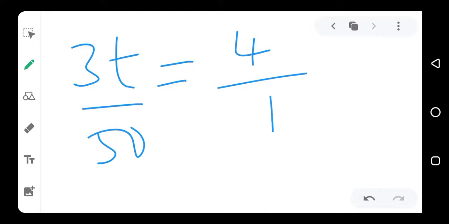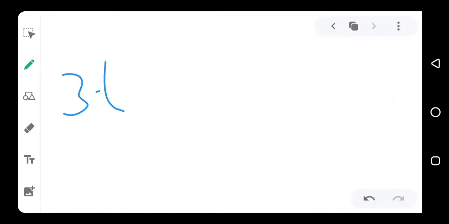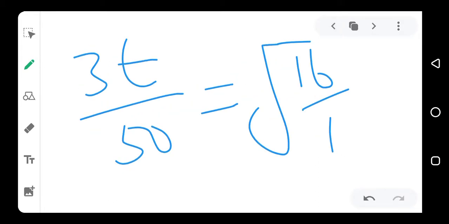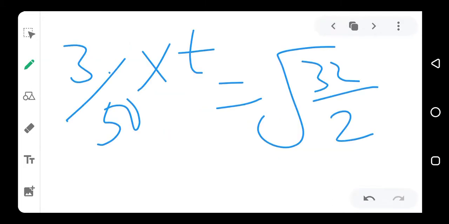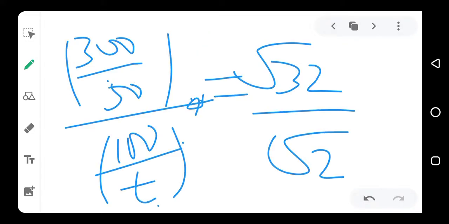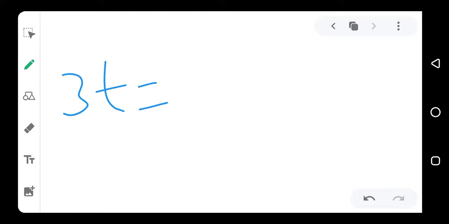So we are getting that 3T is equal to 200.